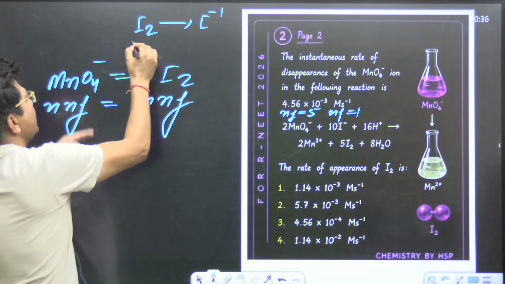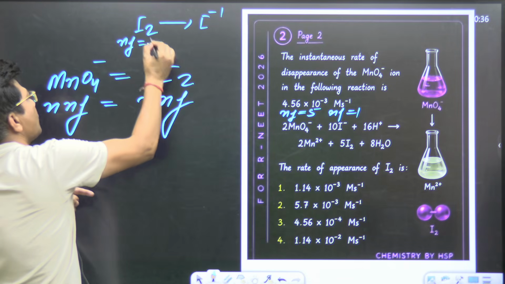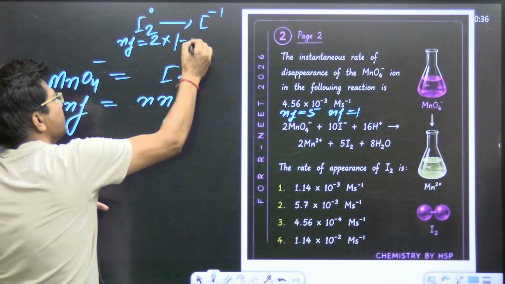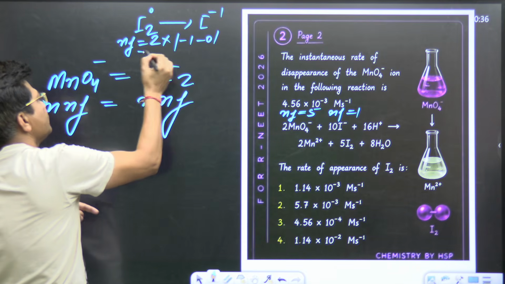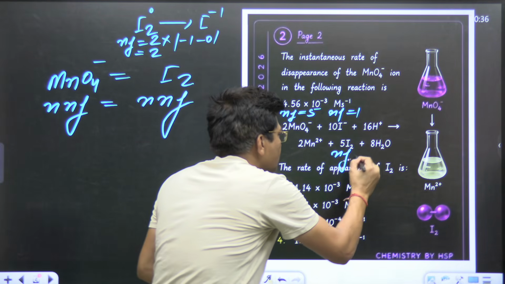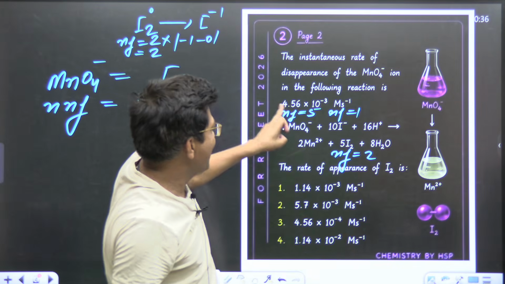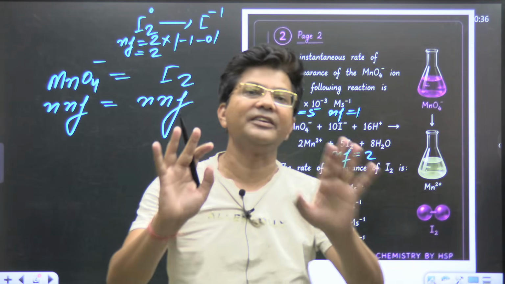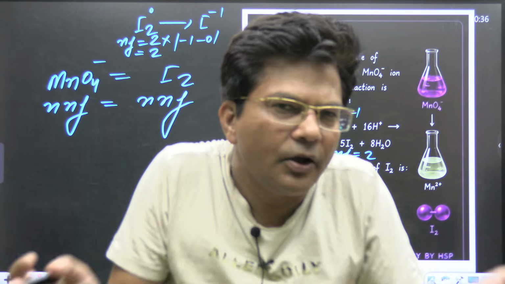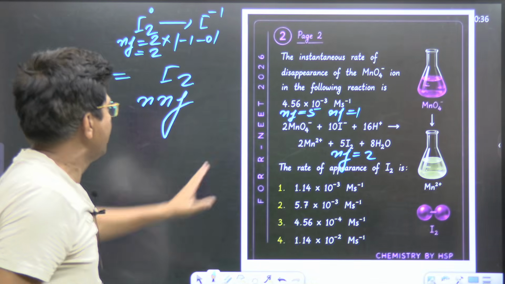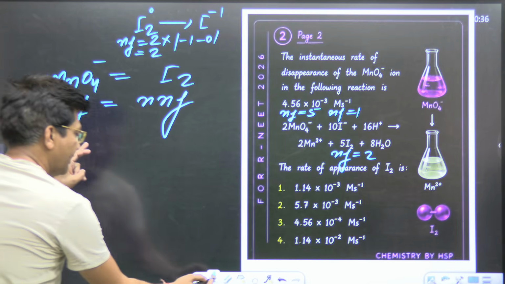So n factor is equal to number of atoms into absolute mod of final oxidation state minus initial, so its n factor is 2. See, 5 and 2. So 2 and 5, matching or not? It's exactly matching. But here, because the balanced chemical equation was given, there was no need to find out the n factor.